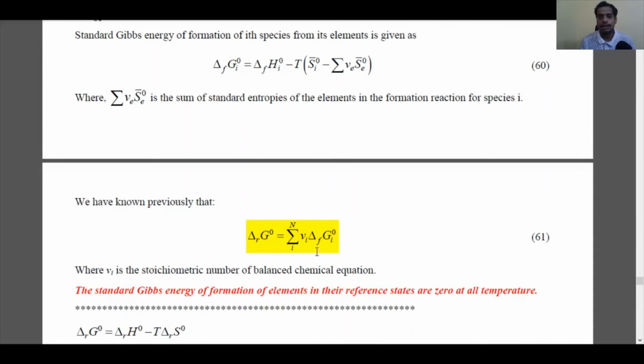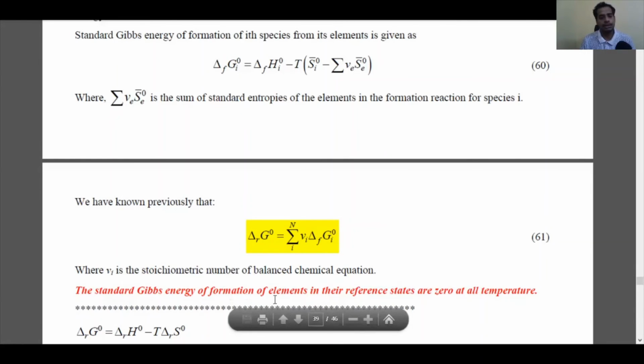Generally the Gibbs energy of formation of any compound or element is tabulated. If we find a new compound, the Gibbs energy of formation of that compound is tabulated, and from that formation data we get the reaction Gibbs energy data, and from this we get the equilibrium constant of the particular reaction.